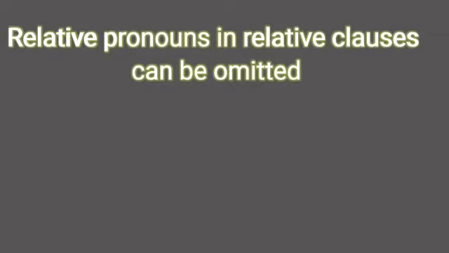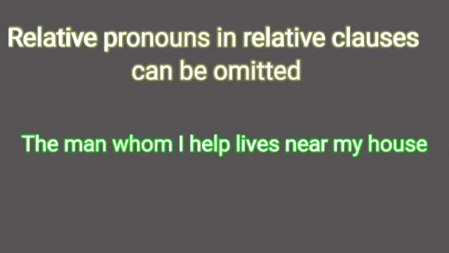Well, the relative pronoun in a relative clause can be omitted on a condition: if the thing or the person is the object of the verb in the relative clause. Now we are going to see an example.